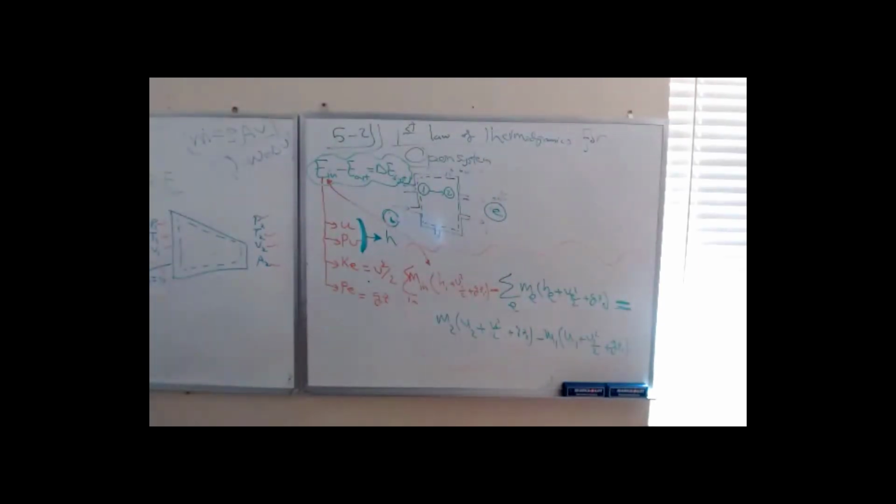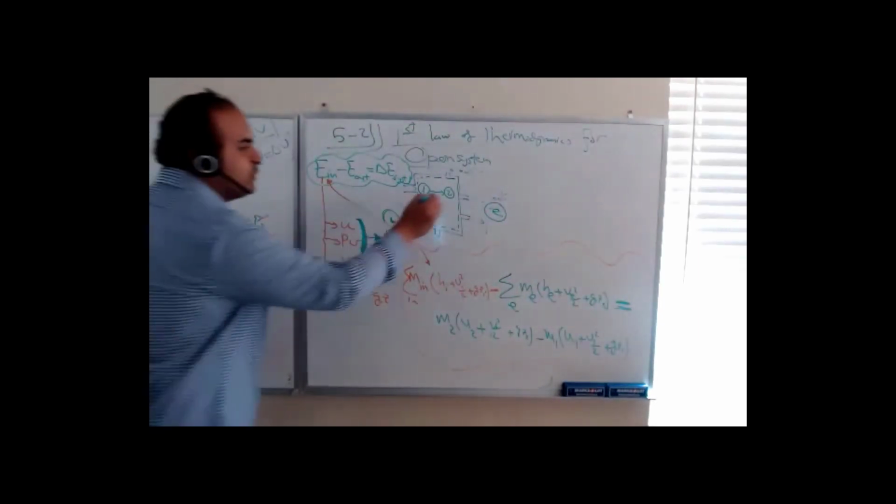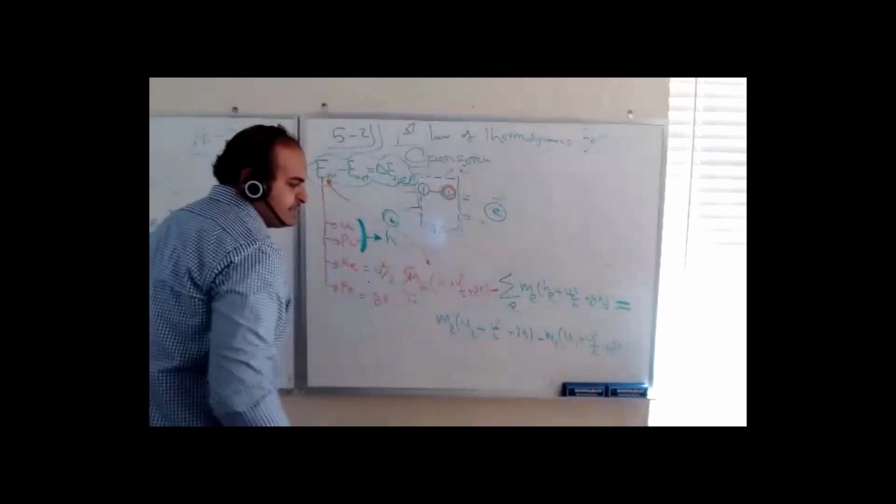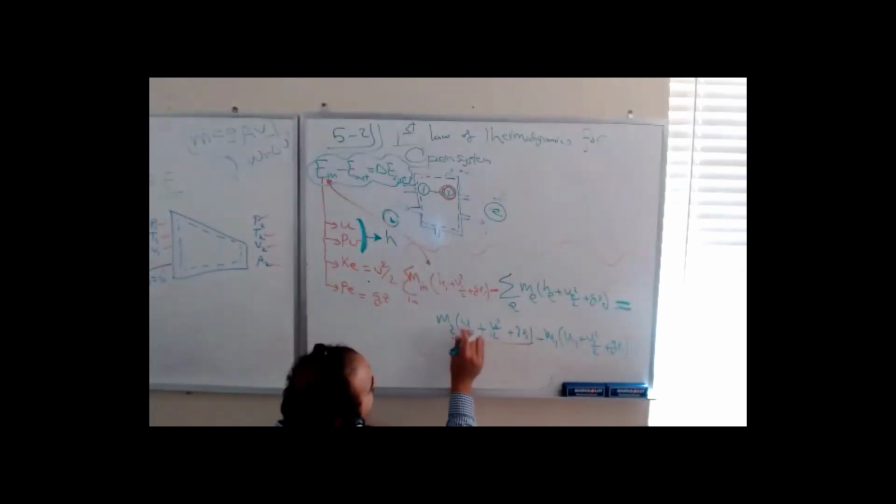So state 2 here. This is state 2. u2 internal energy, V2 velocity 2, gz2.